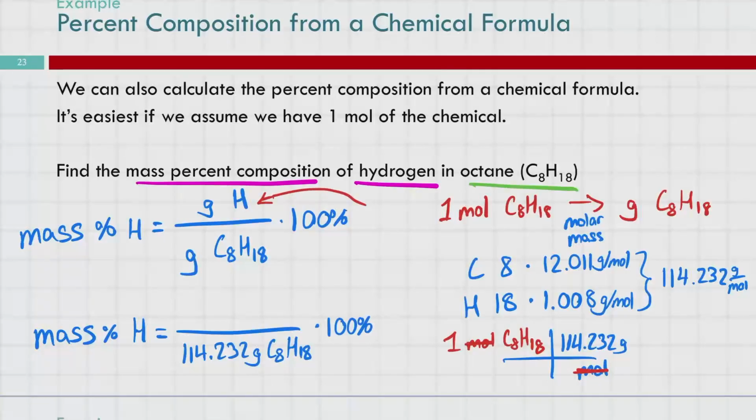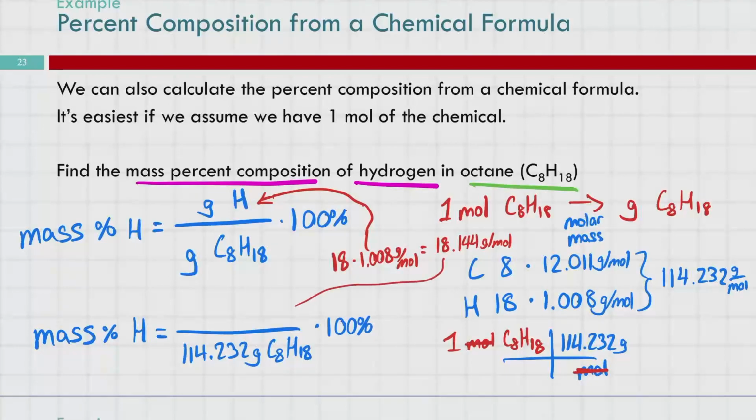So this grams of hydrogen is 18 times 1.008 grams per mole, which will give us 18.144 grams per mole for our hydrogen.